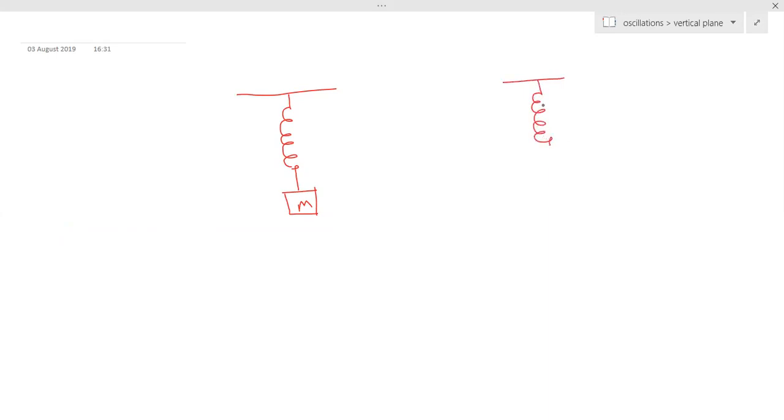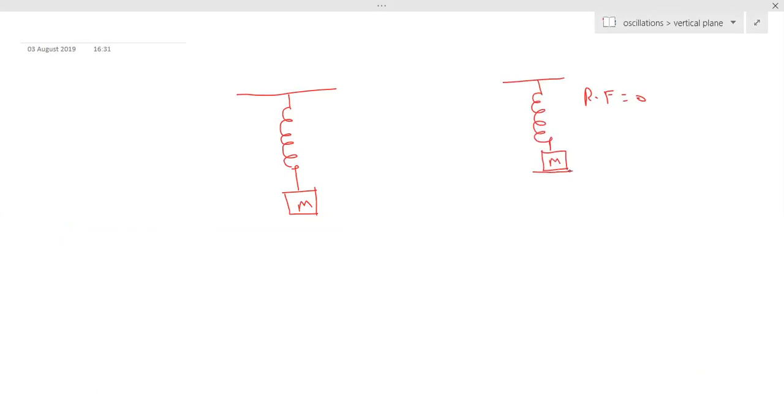Now if I don't apply any force, this spring will be in its natural state, that is, the restoring force is equal to 0. Now I'll attach a mass capital M to this spring and hold this mass.